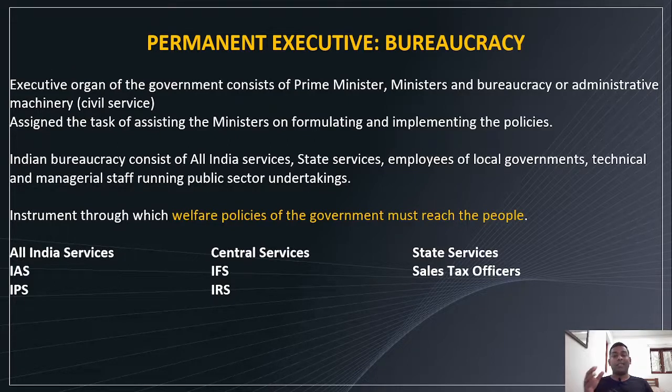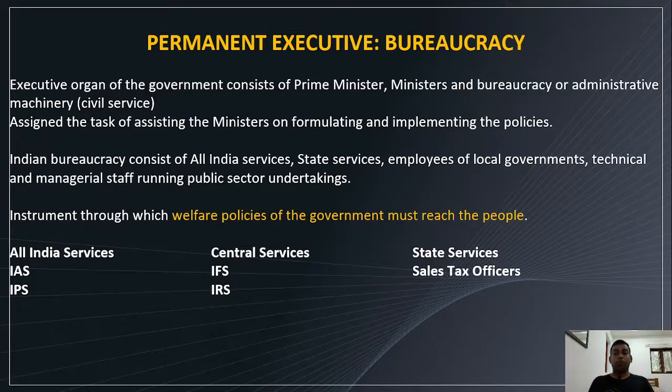Indian bureaucracy consists of all India services, state services, employees of local governments, technical and managerial staff running public sector undertakings, PSUs. These are the different bureaucratic institutions or positions, the instrument through which welfare policies of the government must reach the people. So the main task of bureaucracy is to implement the policies of the government, right?